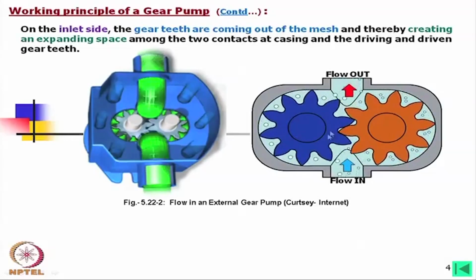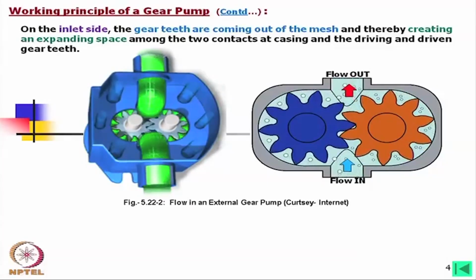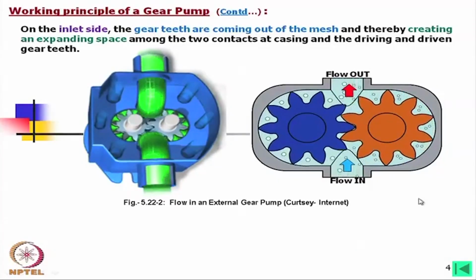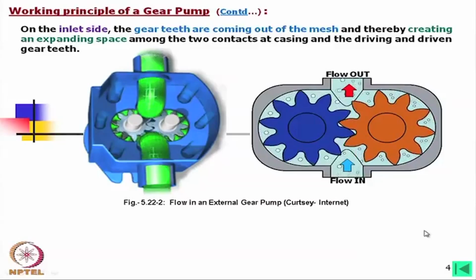So, there is a suction, whereas on the other side that area is decreasing. We will derive how much area is decreasing or increasing, to find out the flow rate of such a gear pump.